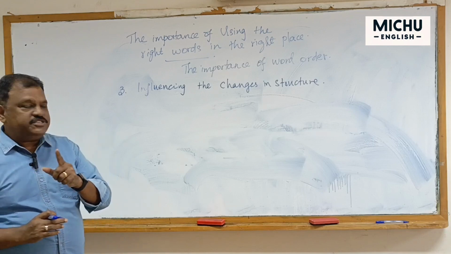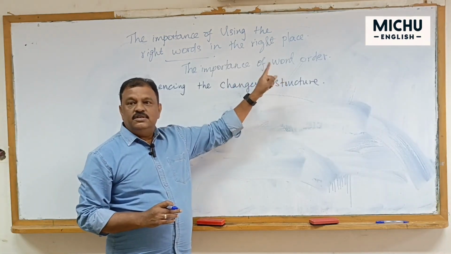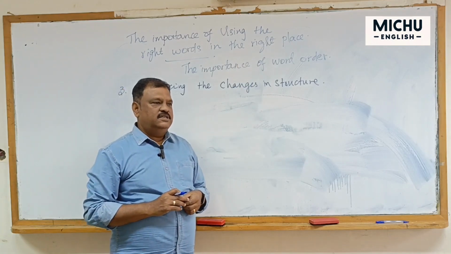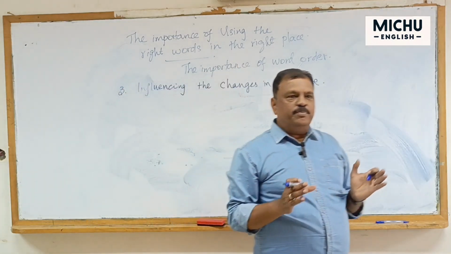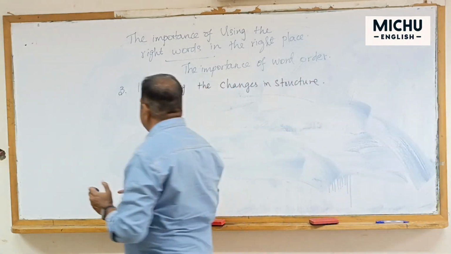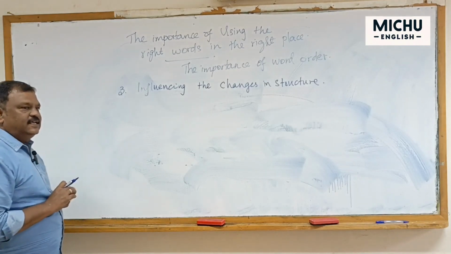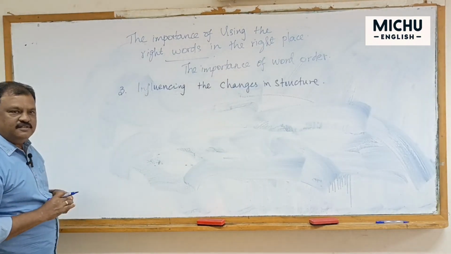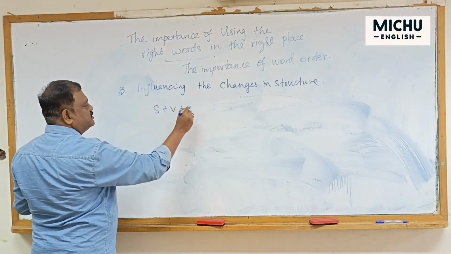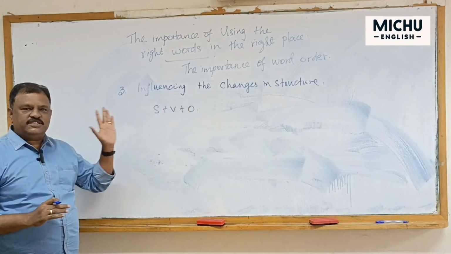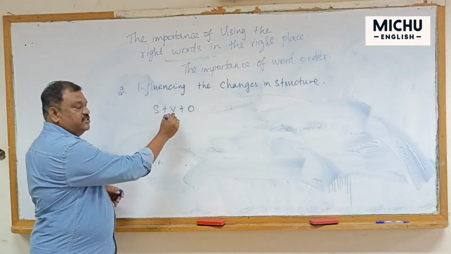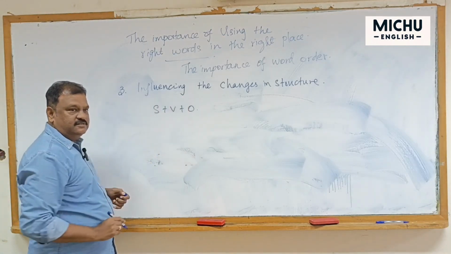Once again, it's very important when we study word order. We have to know to put the words in the right order. Suppose you want to write a sentence with S plus V plus O. This is the structure, for example, SVO: subject, verb, object.